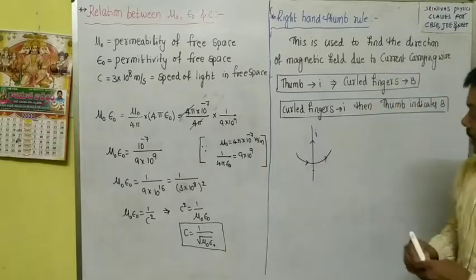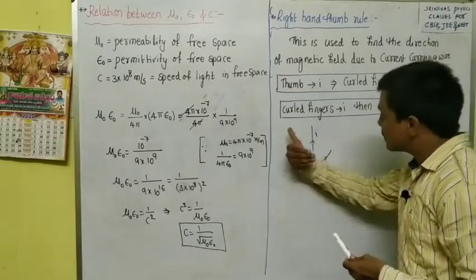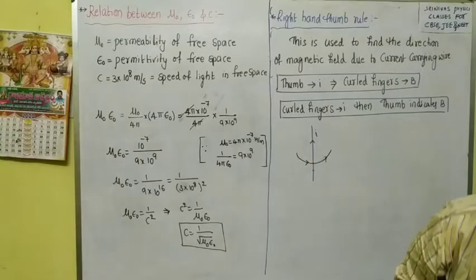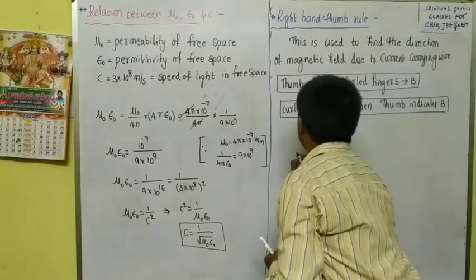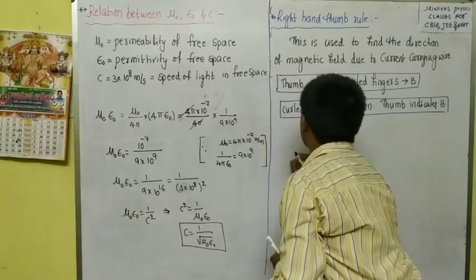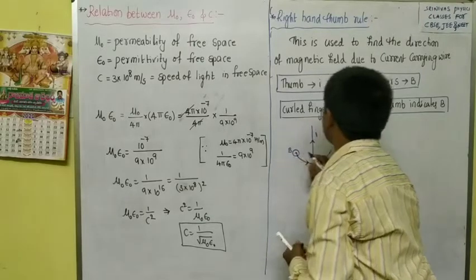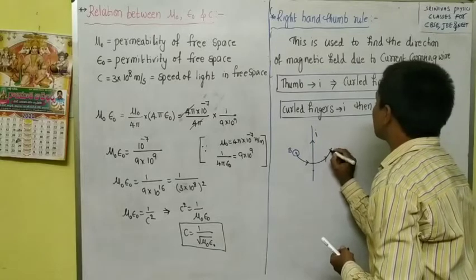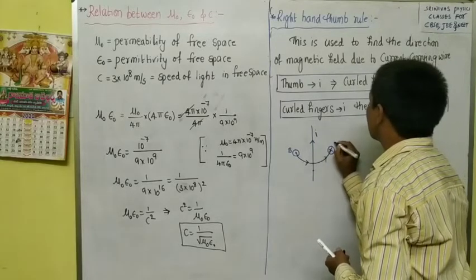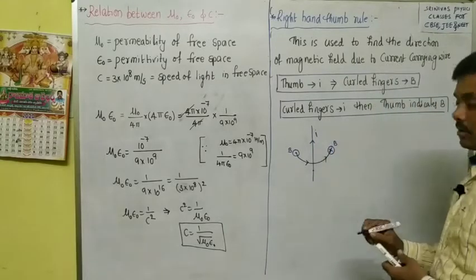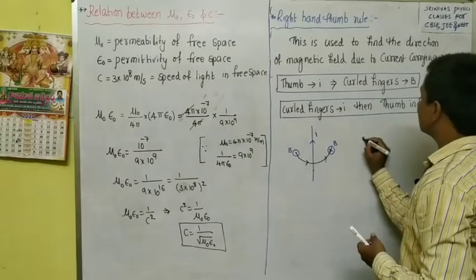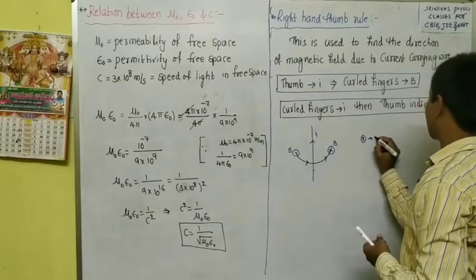Why is this side entering and this side leaving? The leaving magnetic induction we write as a dot B, and the entering one we write as a cross B. Cross indicates an inward magnetic field.